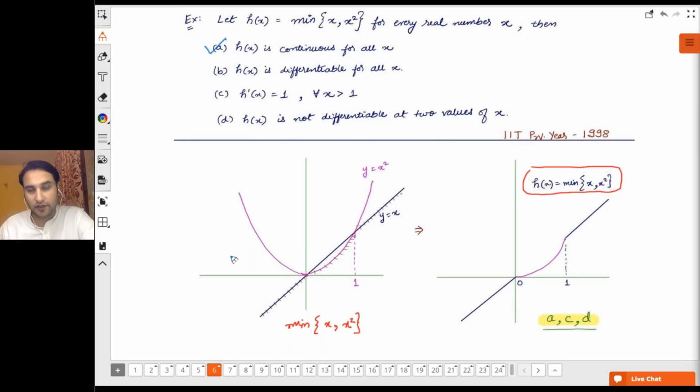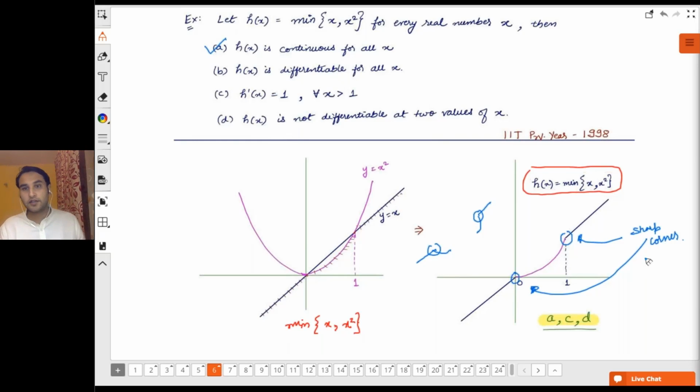Is it differentiable everywhere? No. Look at these 2 points, you see a sharp corner like this, sharp corner like this. Since you see the sharp corners, at these 2 points the function is not differentiable.